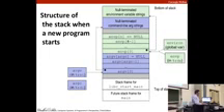And the stack that it creates has the following form. Here's the bottom of the stack, and our stack is growing this way. The first function that executes is a function called libc_start_main, so that has a stack frame.